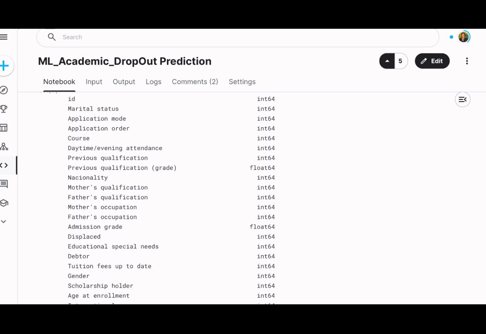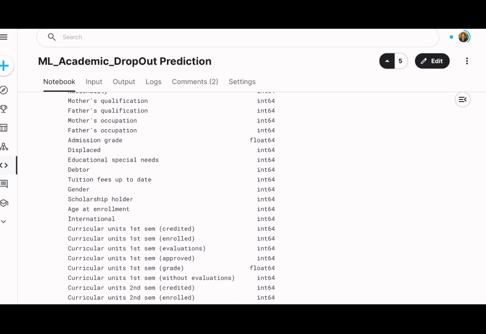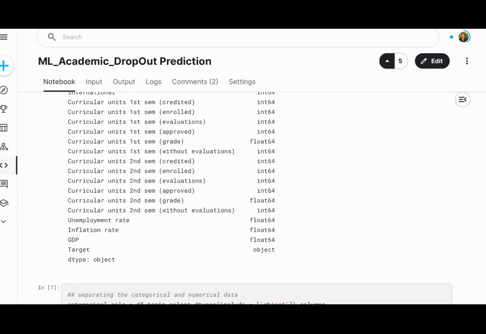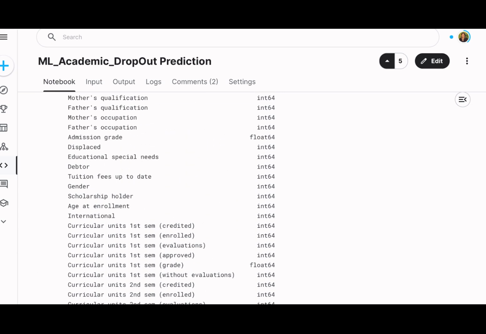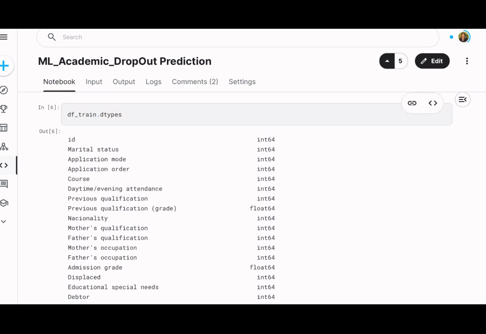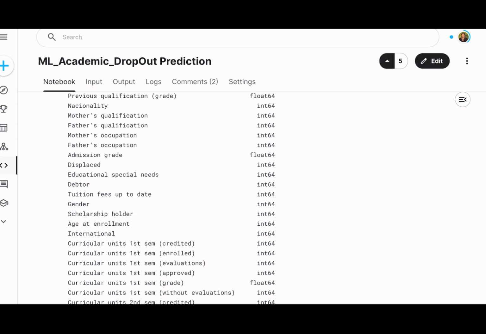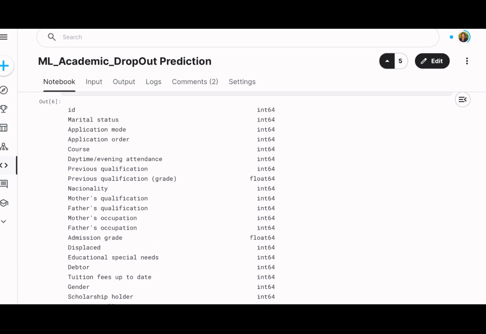Let us look at the data types. A lot of them are numerical values, but they're actually not numerical. If you see, the course would be categorical data, right? It would not be numerical data, but the way it is stored, it is an integer variable.